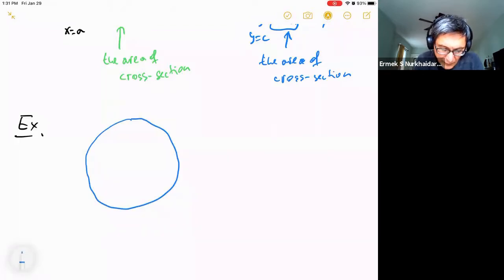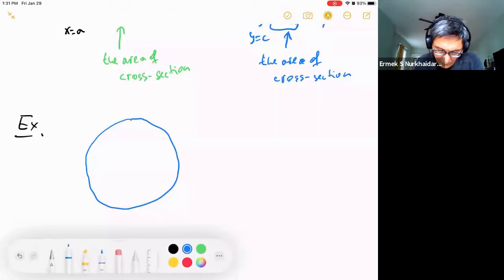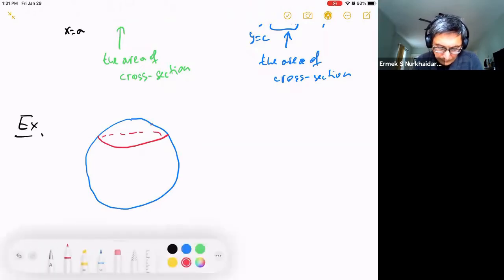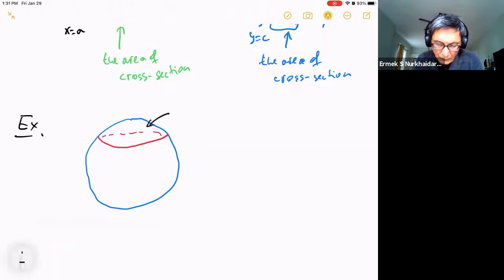And then from the sphere, we cut that part from the top, okay? And we will wonder what will be the volume.